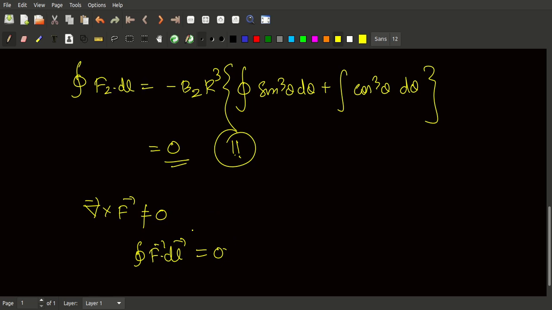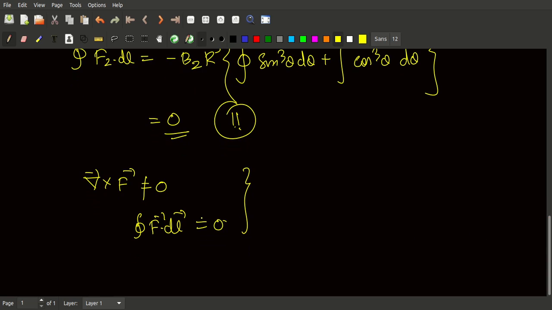What is happening? We will discuss this towards the end of this problem, just after the rectangular path, because for the rectangular path also you will get the answer equal to 0. Why it is equal to 0 and why it is not equal to 0 will be coming there.